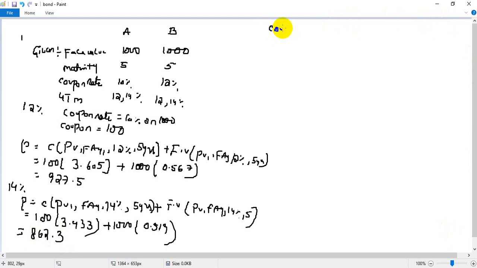Now we have used coupon amount 10. Two securities we have done, A for 12% and 14%. Now you need to use coupon rate 12%.